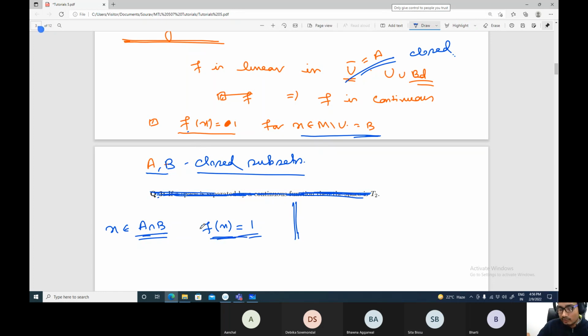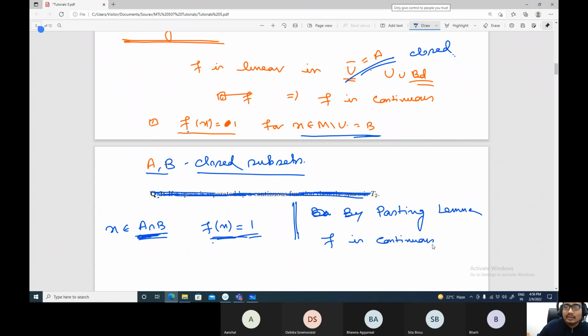You can consider your G as F restricted to A, and your H as F restricted to B. Then in the common intersection they have the same value. Therefore, F is continuous by the Pasting lemma.